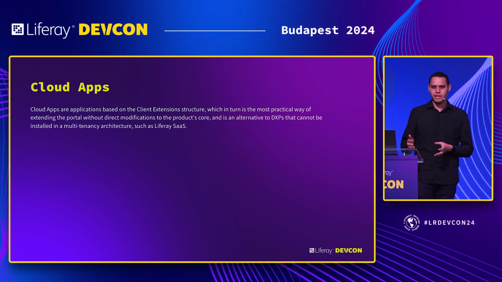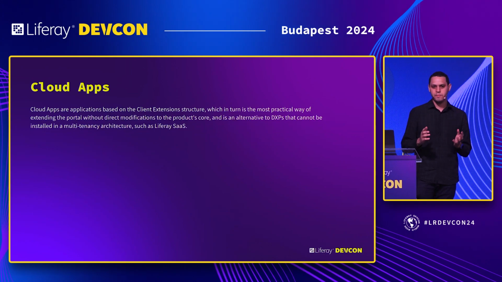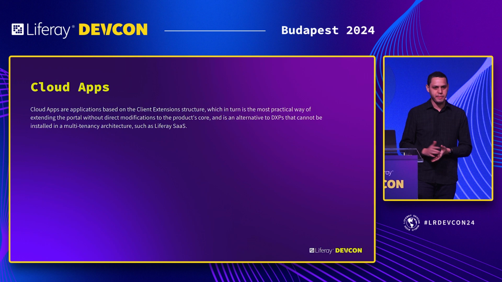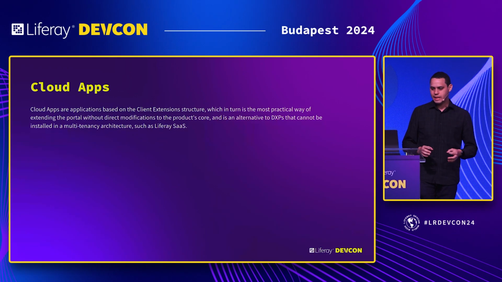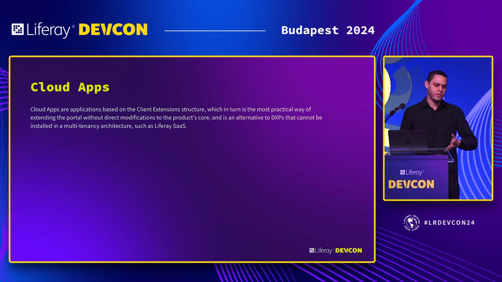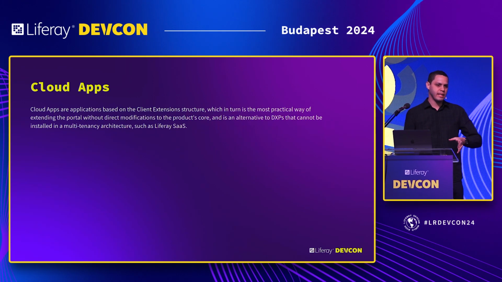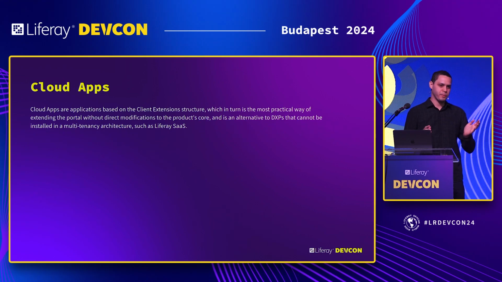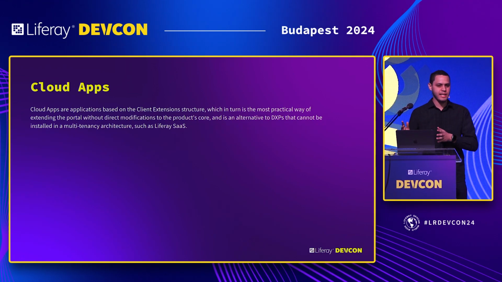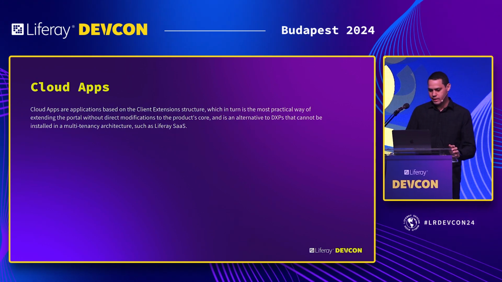Now we are introducing cloud apps. So it is a different alternative, especially for clients that are using Liferay SaaS and Liferay PaaS. As we have a limitation today running Liferay SaaS with OSGi modules, the client extension based approach is the best alternative for us.